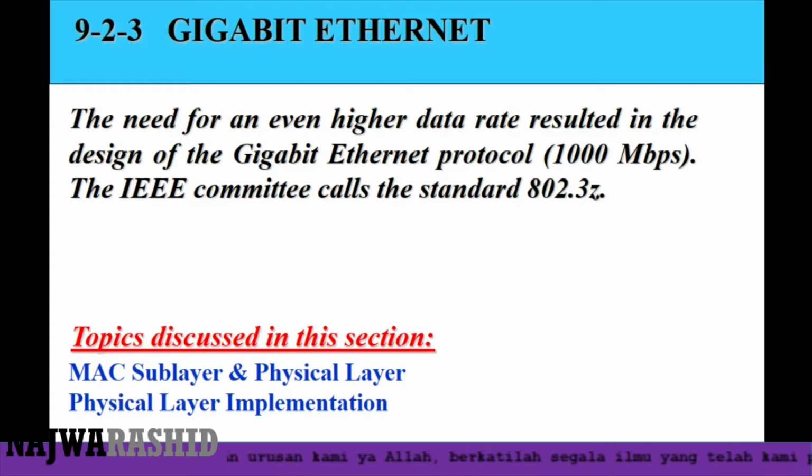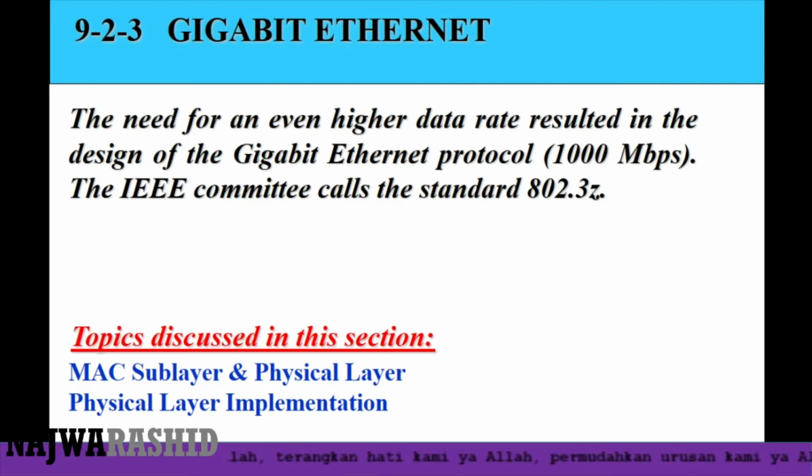So in this video, we'll discuss the Gigabit Ethernet. Before this, we already know the Standard Ethernet and the Fast Ethernet, and this one is the third generation of the Ethernet, which is Gigabit Ethernet.